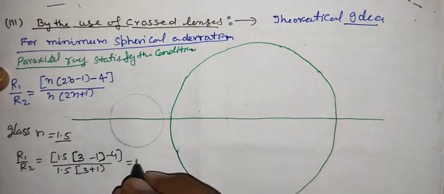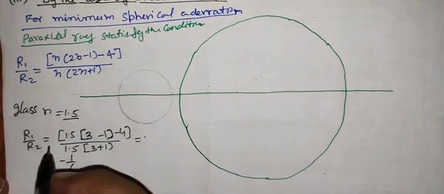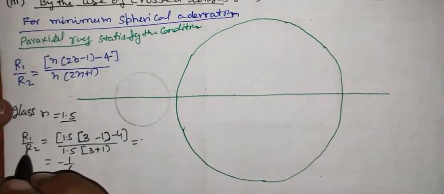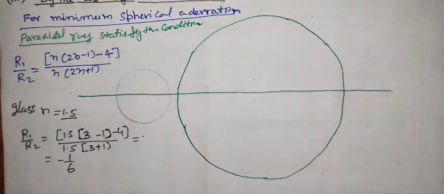On solving, one may get minus 1 by 6. So the ratio of the radii of curvature of the lens is minus 1 by 6.